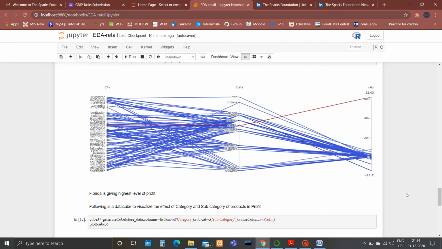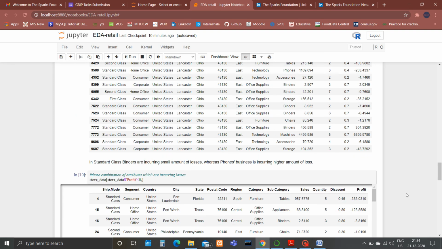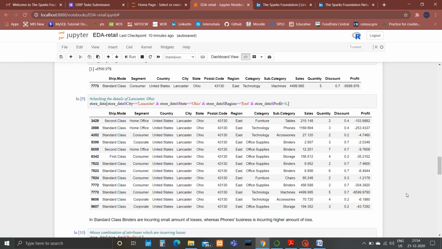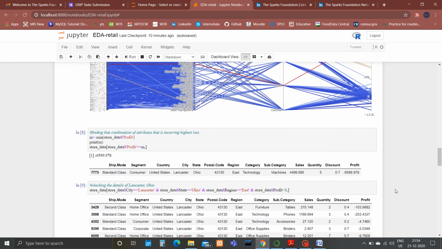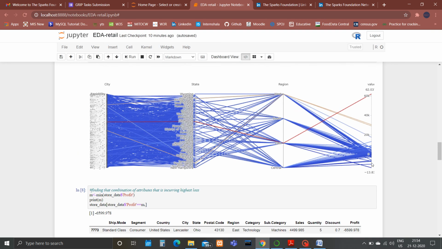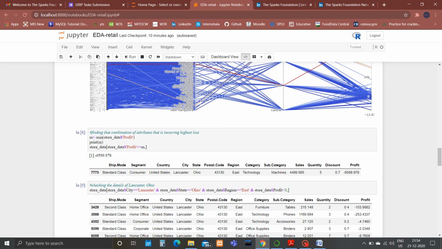And we also need to see for which cities or states we are getting the lowest profit. So for that, at first I am using this code to see the minimum profit that we are getting, which comes out that the city Lancaster and the state Ohio, region is east, and from there we are getting the least profit, which is a huge loss.